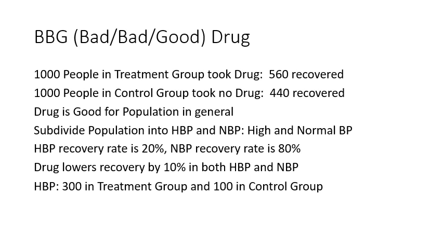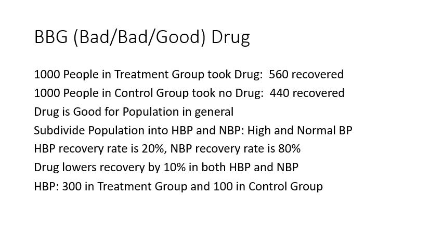But suppose that we subdivide the population into high blood pressure types and normal blood pressure types. We find that in both groups, the drug acts unfavorably.